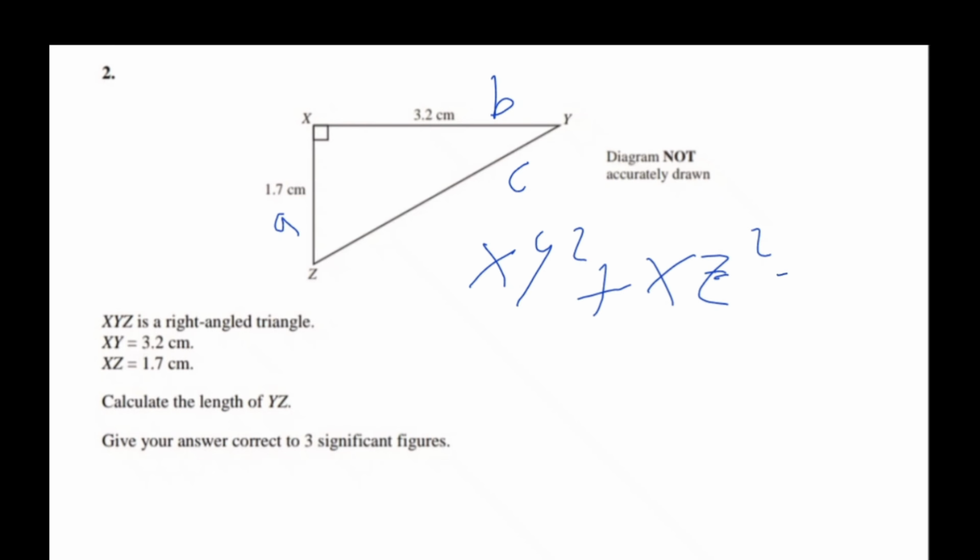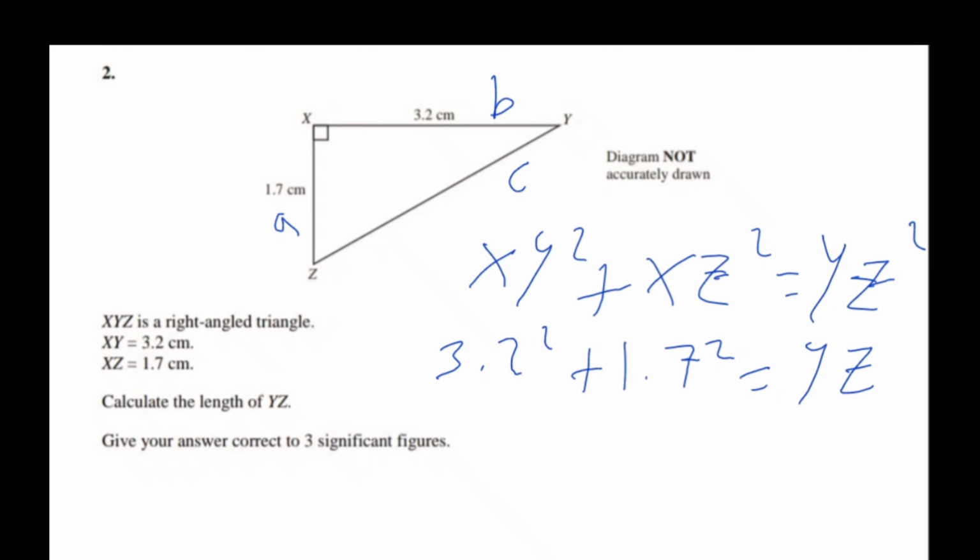So XY squared plus XZ squared equals YZ squared. We have the values of XY and XZ, so we substitute them into the equation. We have 3.2 squared plus 1.7 squared equals YZ squared.